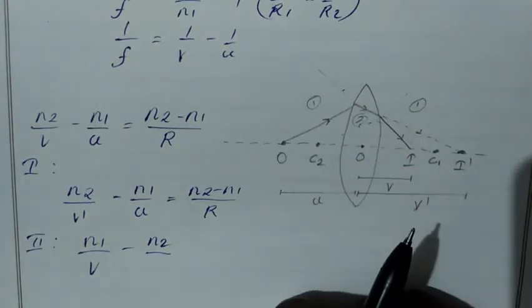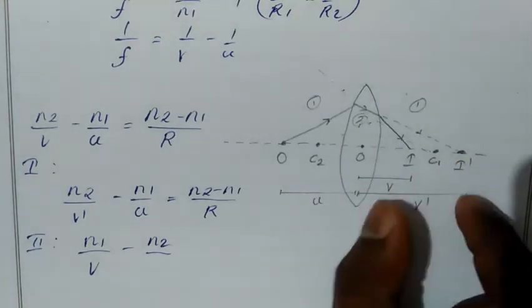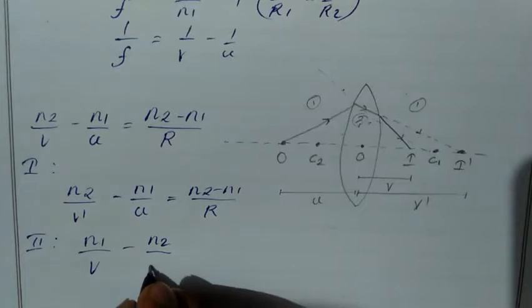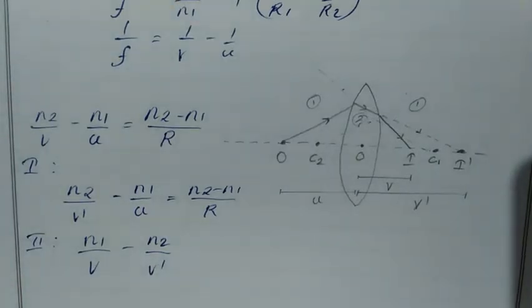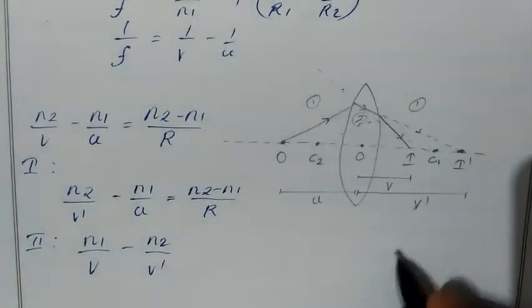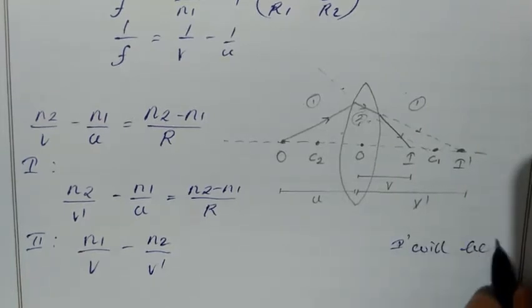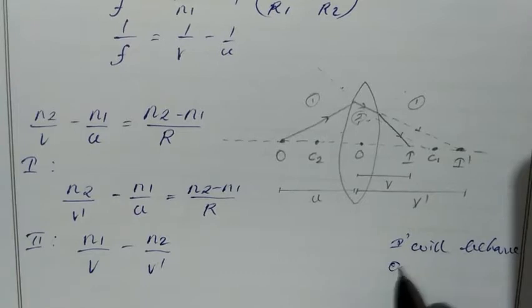Now our object of the second surface is I dash, whose distance is v dash. Okay, so we can write v dash. Clear? So here I dash will behave as the object of the second surface.